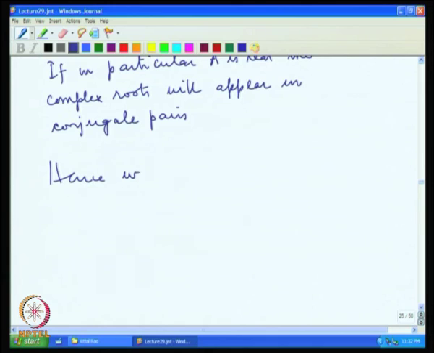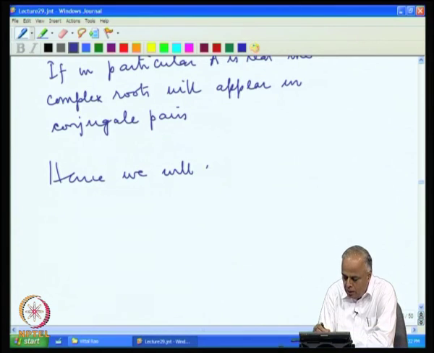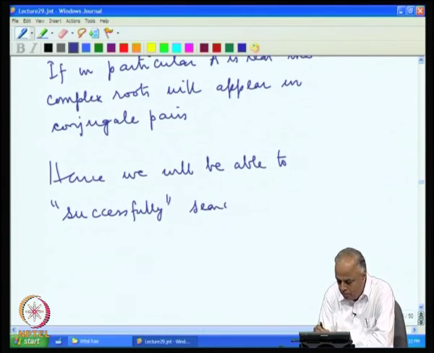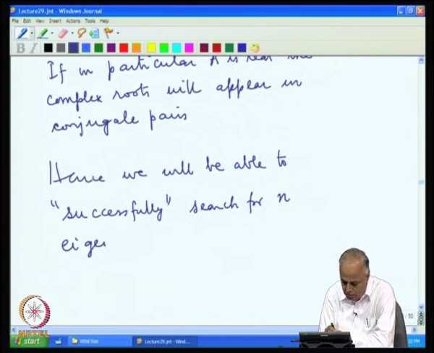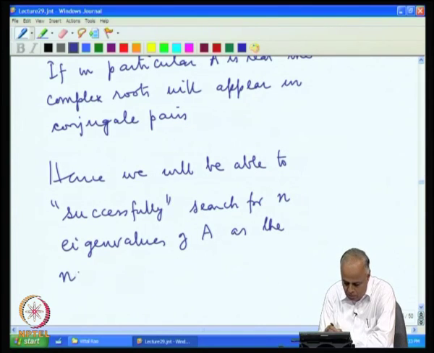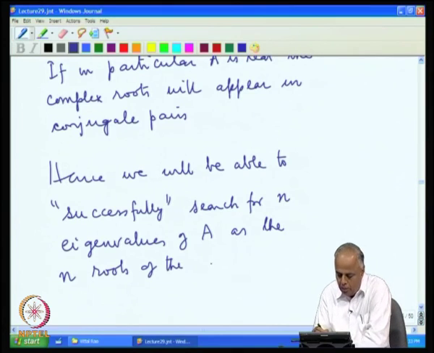Hence, we will be able to successfully search for n eigenvalues of A as the n roots of the characteristic polynomial.